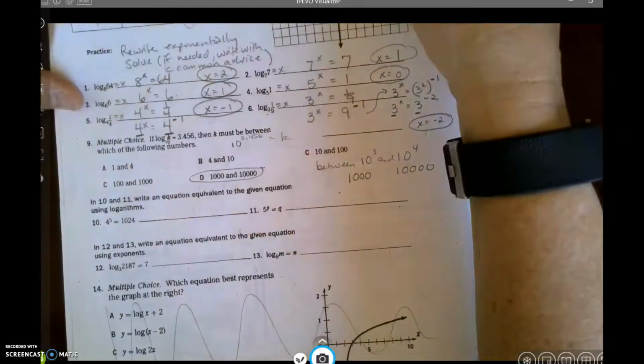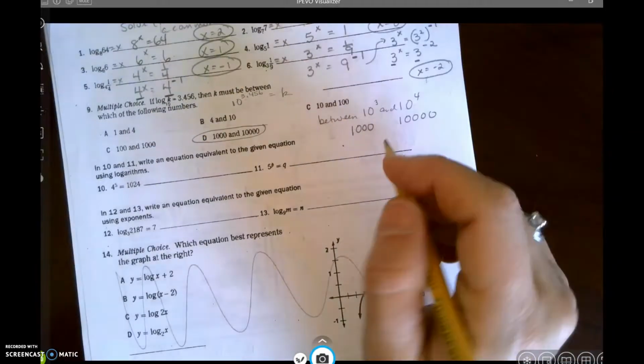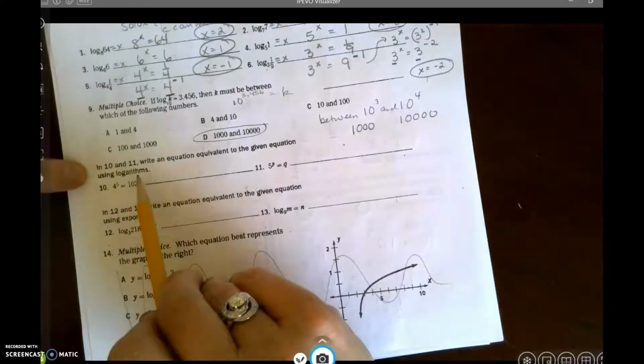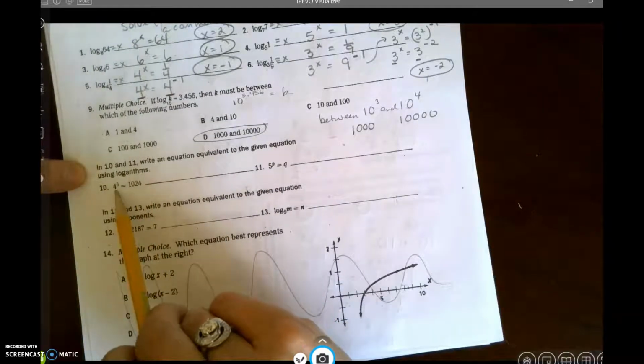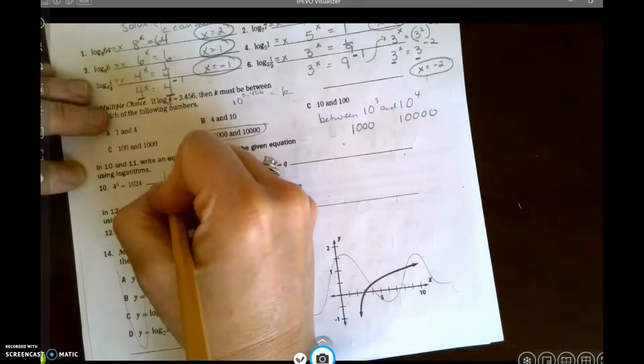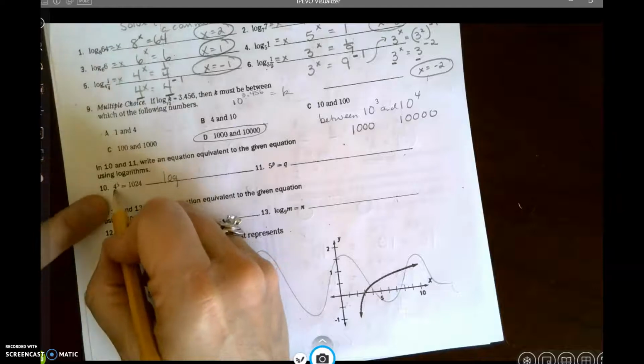All right, let's go to 10 and 11. It says in 10 and 11, write an equation equivalent to the given equation using logarithms. So now it's written exponentially, and we need to write it logarithmically. So it's log to the base 4.